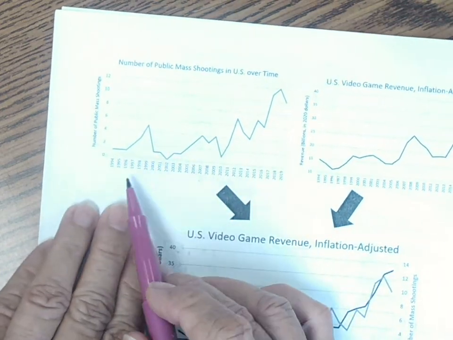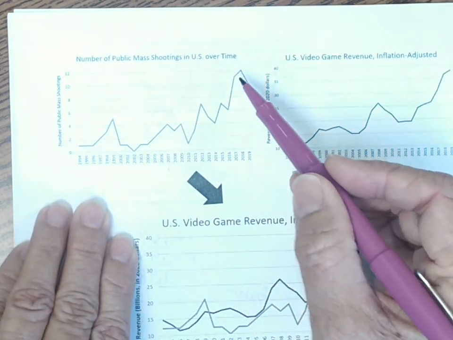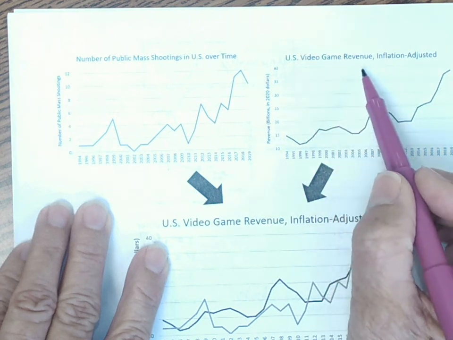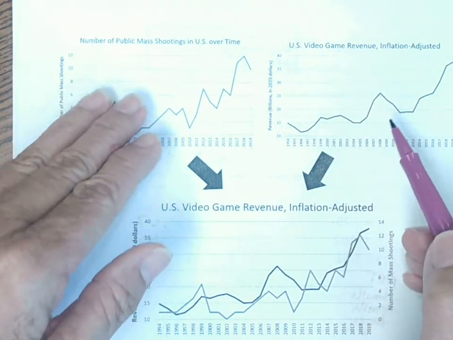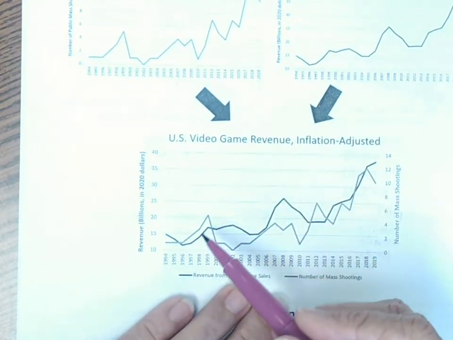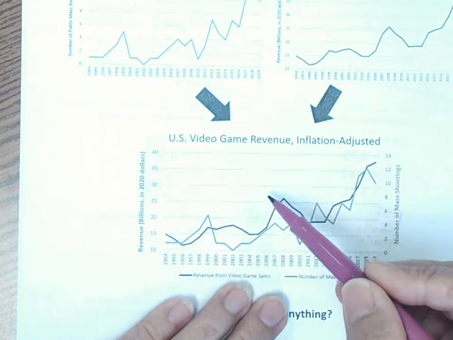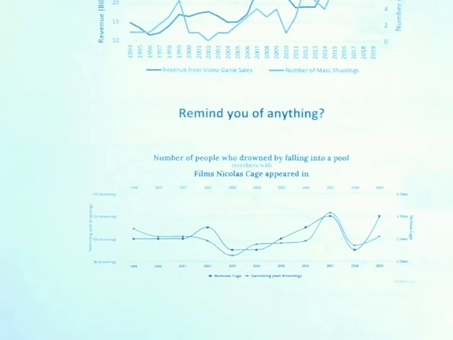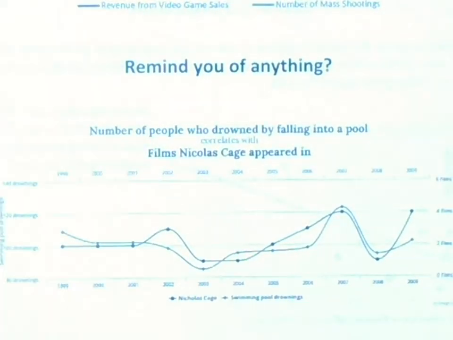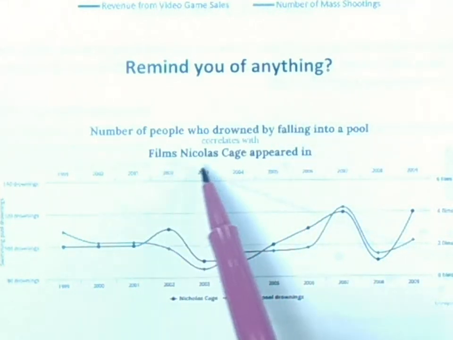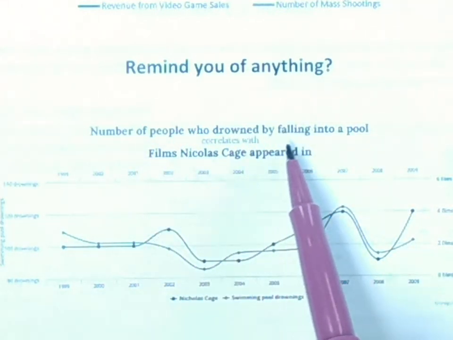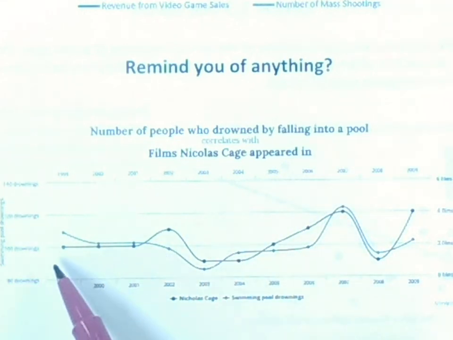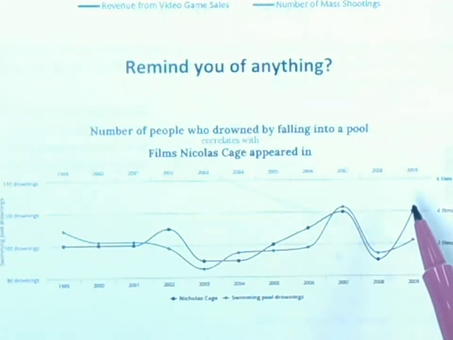So again, here I've got my years and the number of shootings, the years and the video game revenue. If I were to overlay these on the same chart, you can see that they sort of coincide. They go in the same direction, the trends, which should remind you of this chart we had where we talked about the number of films that Nicolas Cage appeared in versus the number of people who drowned by falling in a swimming pool. It was very tightly correlated.